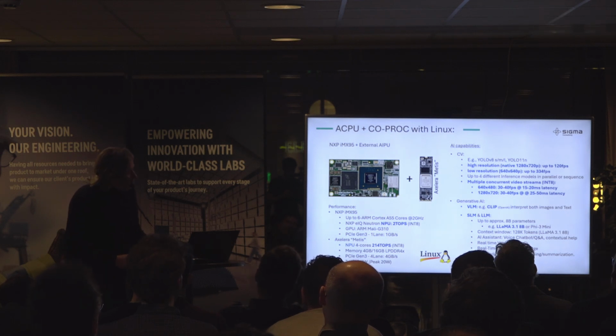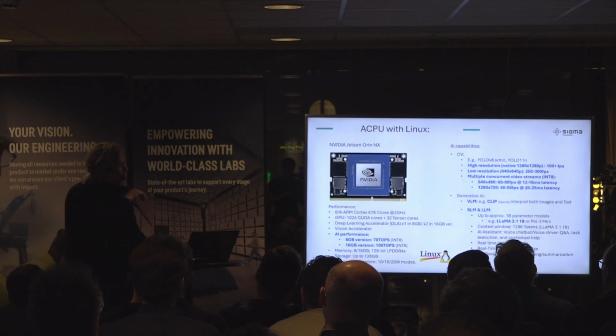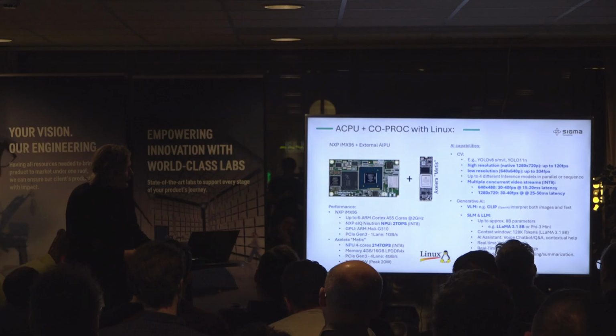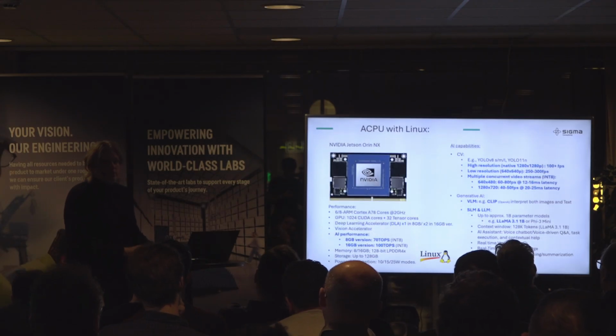But this coprocessor, and in this case the IMX95, consumes less than half the power of NVIDIA, and it costs way less than half of that solution. This is typically like $150 at low volume. Sorry, that is $150, while the NVIDIA Jetson Orin is several hundred dollars, closer to 300-ish.